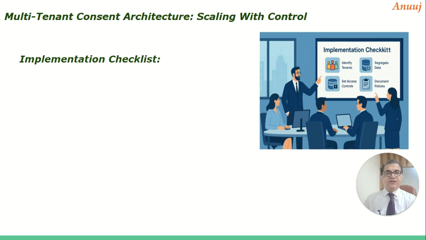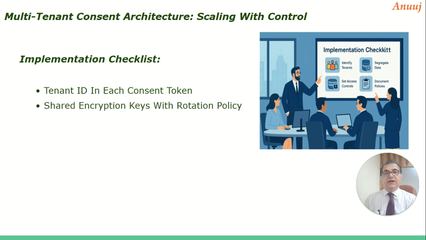As a checklist for the implementation of multi-tenant consent, tenant ID should be there for each consent token. Encryption keys could be shared. Having a rotation policy and a repository that has the rotated encryption keys ensures that all old and new data could be decrypted, at least within the organization.